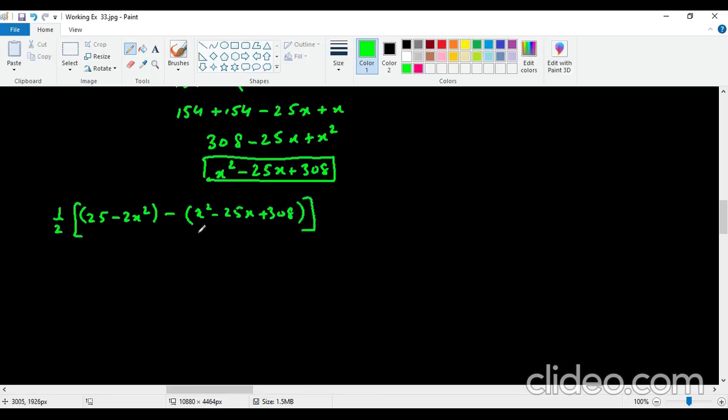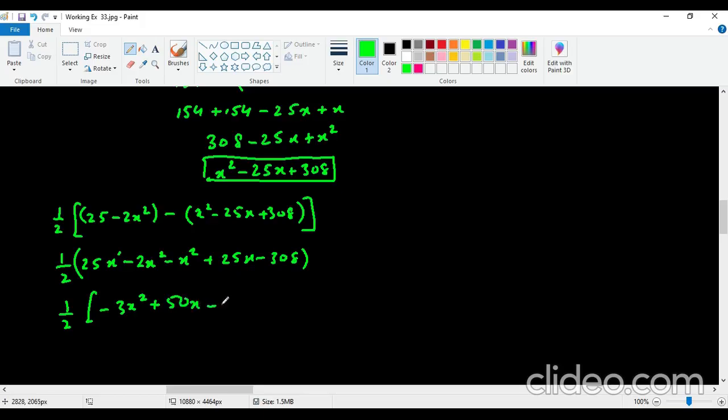It gives us half of 25x minus 2x square minus x square plus 25x and minus 308. Simplification gives us this. Now it is going to be negative 3x square plus 50x minus 308.